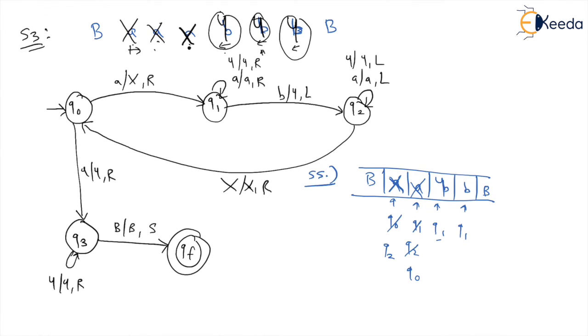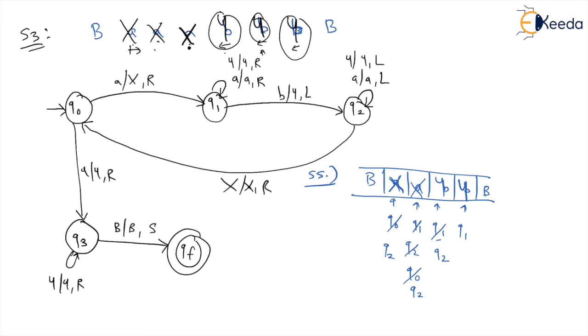Q1 on receiving a B is going to make it as Y and go to the left to state Q2. Q2 on Y will keep it as Y and move to the left to state Q2. Q2 on X will keep it as X and move to the right to state Q0.